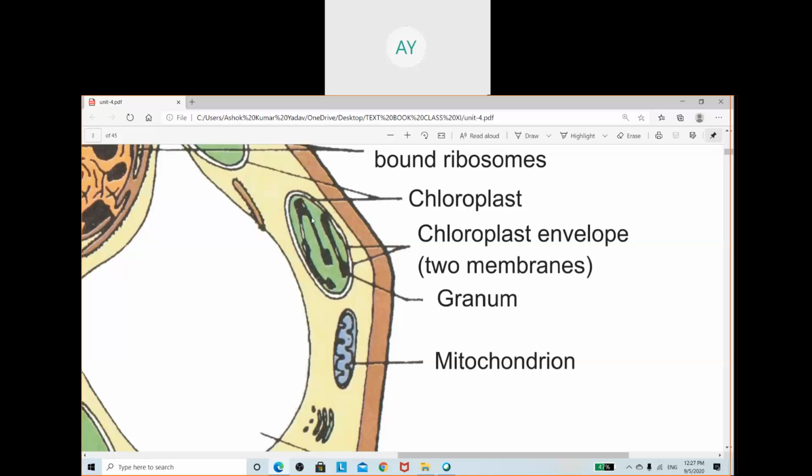So this is the interlamellar membrane, and inside that you will find the H plus ion. Due to excess amount of H plus ion, it causes acidic environment. Means pH will decrease or increase. If accumulation of H plus ion occurs in particular area, then pH of that area will increase or decrease.